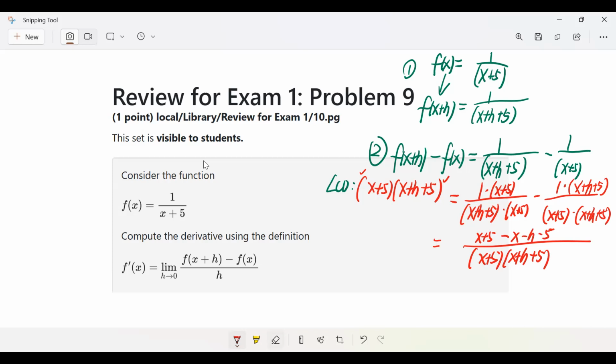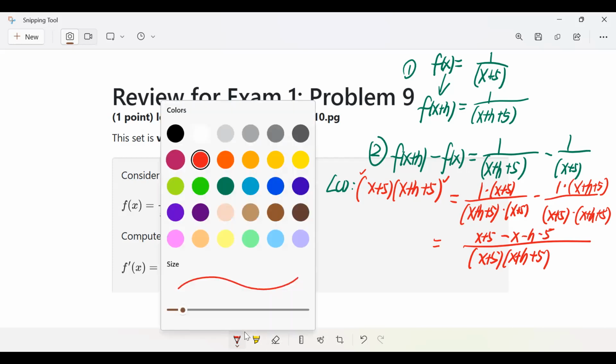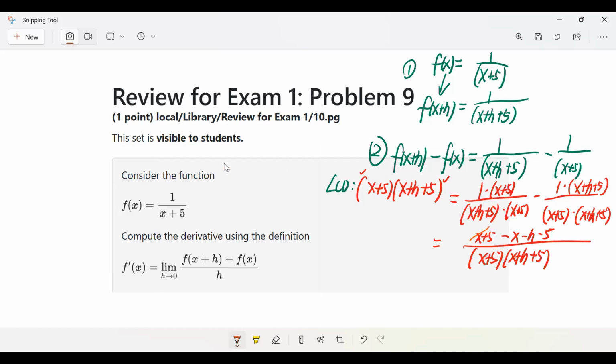And we're going to cancel a couple of terms, right? We cancel x, cancel 5 and negative 5. So eventually this is negative h over x plus 5 and x plus h plus 5.